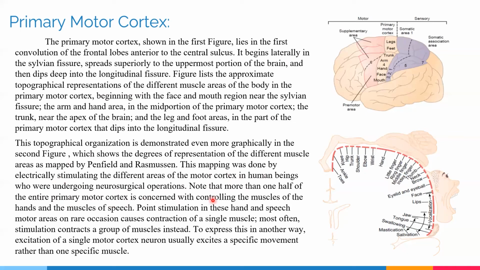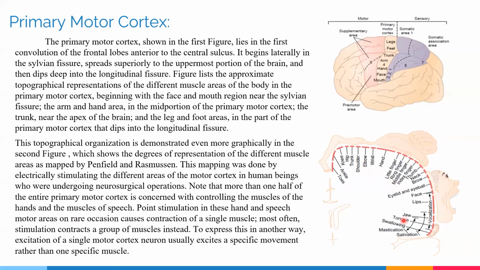Note that more than one half of the entire primary motor cortex is concerned with controlling the muscles of the hands and the muscles of speech. So this is the part we are talking about.